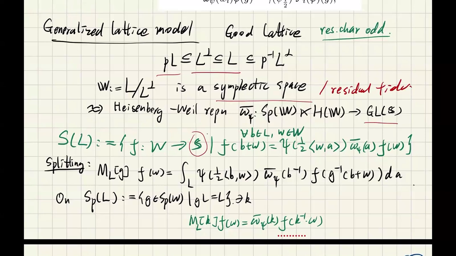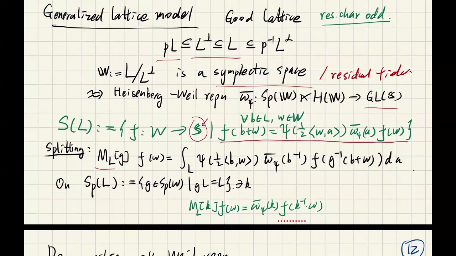So this S is a finite dimensional vector space, basically. You see, in the lattice model case, L divided by L perpendicular is just the zero space, then the Weil representation is just a trivial representation. So this definition actually recovers the lattice model, and it specifies the equivalence relation like this. Then you will also have a splitting, which is given by this kind of integration formula. You can check Pan Shuyan's paper on this.